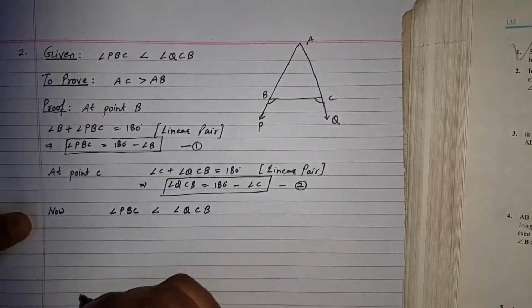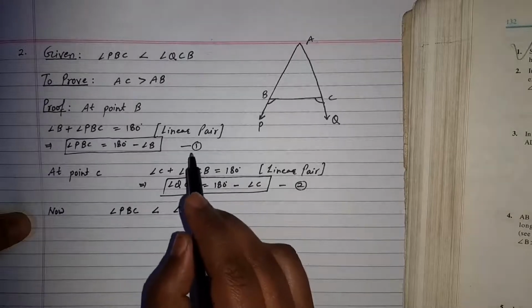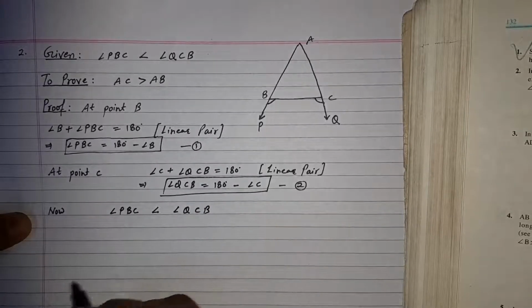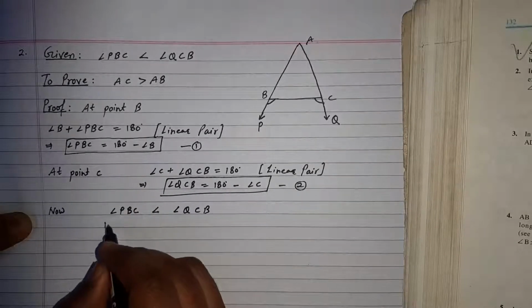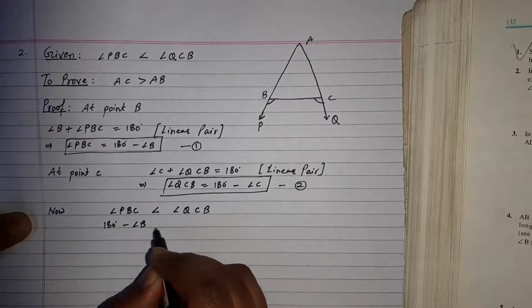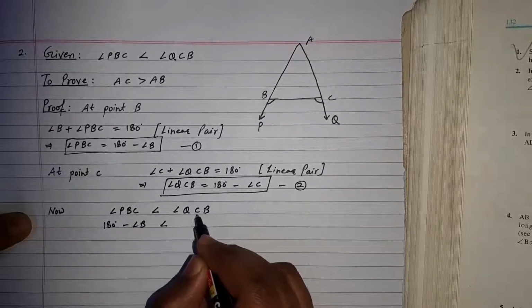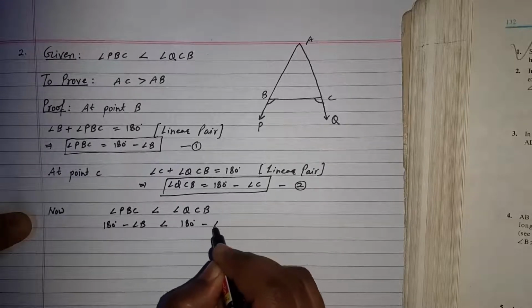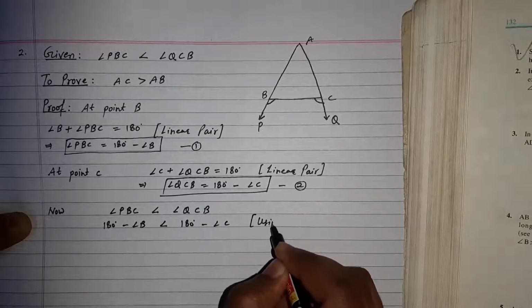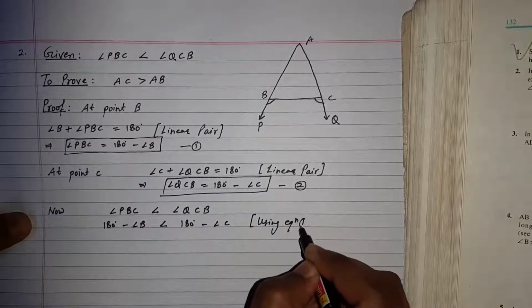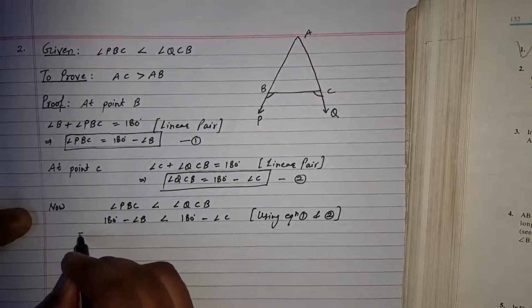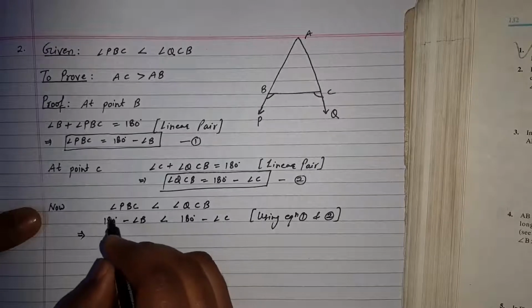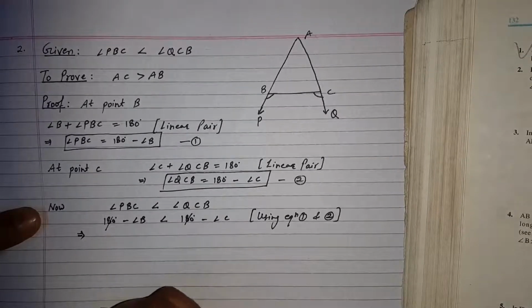So using equation 1 and equation 2, the value of angle PBC is 180 minus angle B, and the value of angle QCB is 180 minus angle C. Now 180 and 180 cancel out, the same sign and the same value.